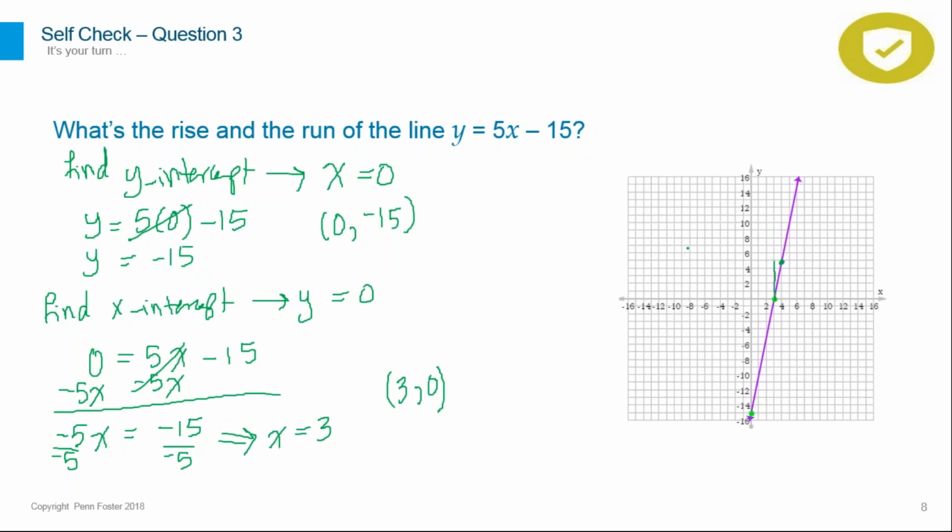So the rise so far is 5, and then the run would be 1. Put the rise and the run in a slope form just to make sure that everything is simplified. So m in this case is 5 over 1. Nothing to be simplified, so the rise is 5 and the run is 1. That is our final answer.